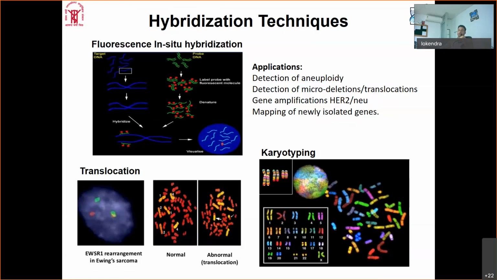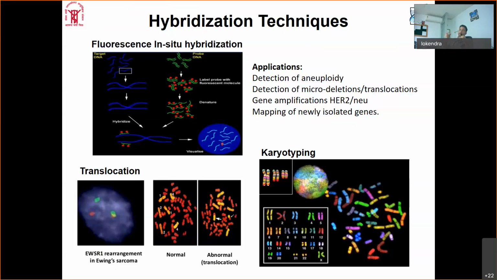So this is basically to identify those particular features by using the hybridization technique, and these are the examples of fluorescence in situ hybridization. So FISH is generally a method, again similar to Southern blotting, but in this case we are using chromosomes for hybridization.